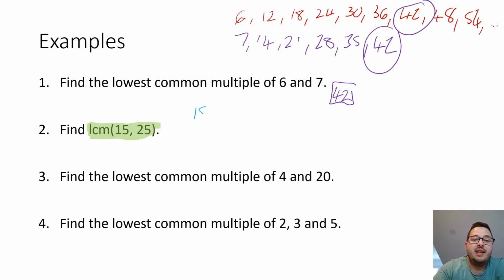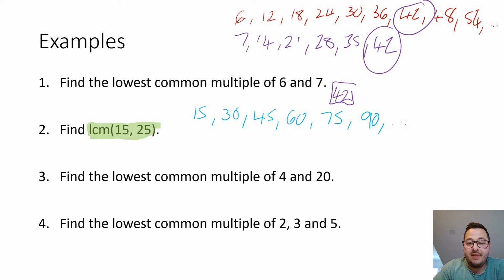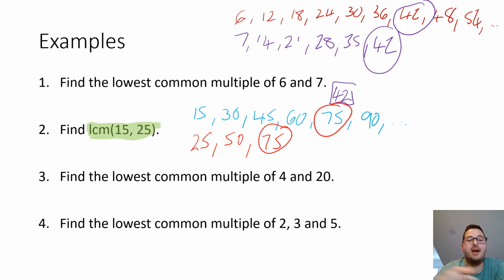So 15 then is going to be just writing out the times table of 15, 30, 45, 60, 75, 90, and so on. And then if we have a go at 25, 50, 75, and there I'm thinking bingo, they match. So the lowest common multiple of 15 and 25 is 75.